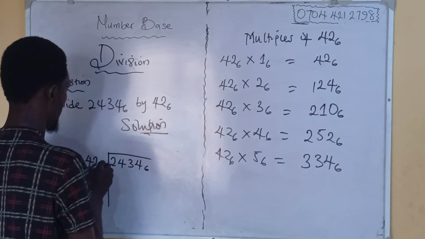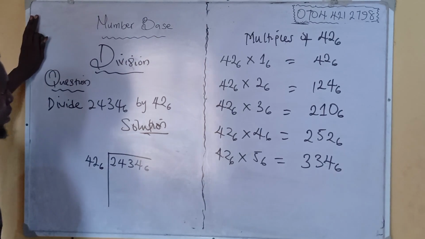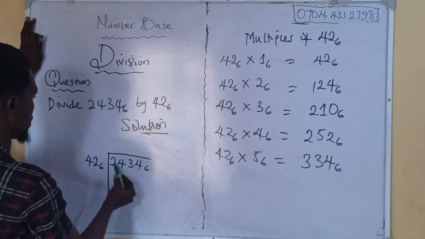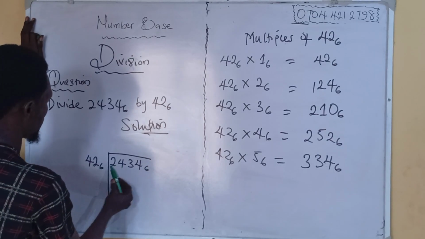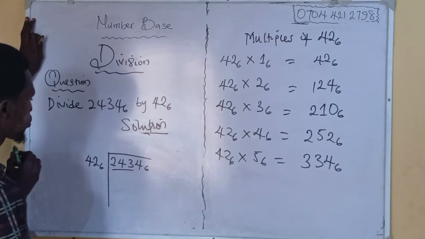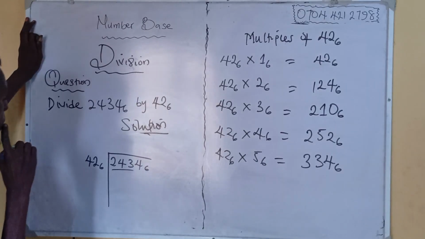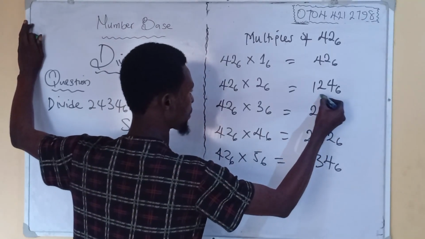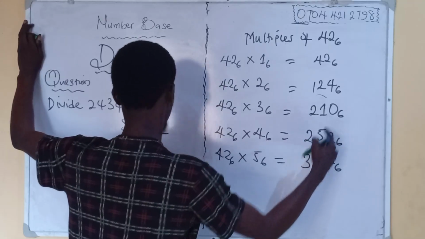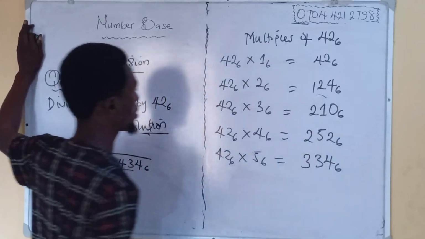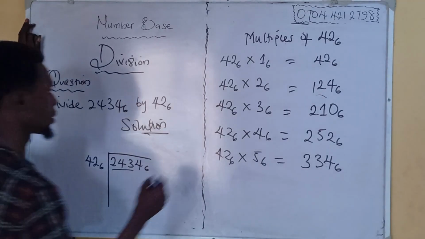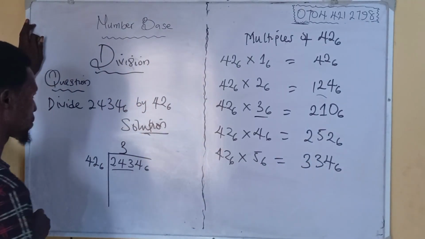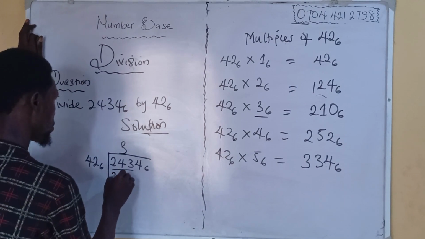If you look at this very well, you cannot say 42 goes into 24, but you can say it goes into 243, the closest number. 243 is in between these two in base 6. So we'll take this one, since that is the closest number, that is 3 times, and then we now subtract 210.